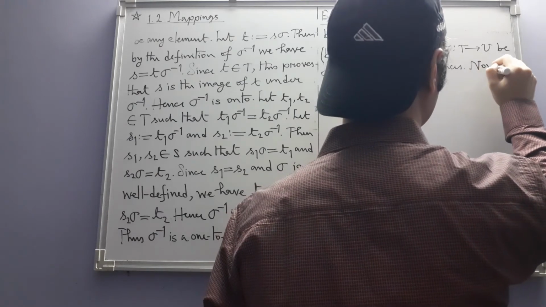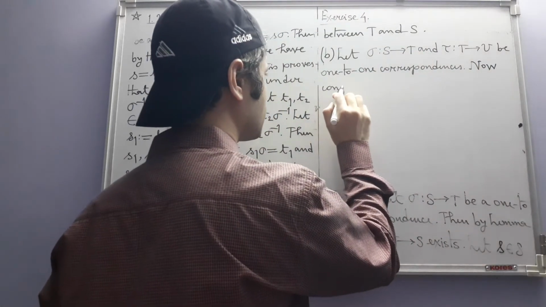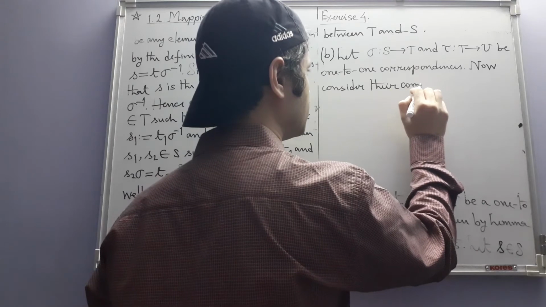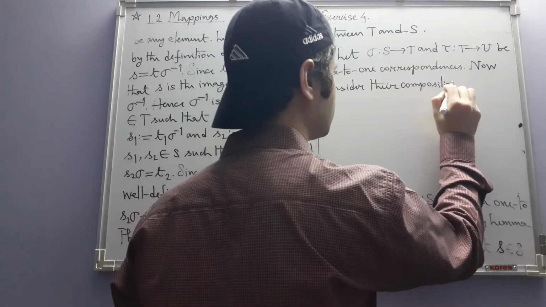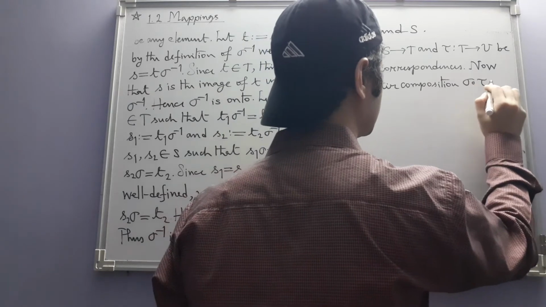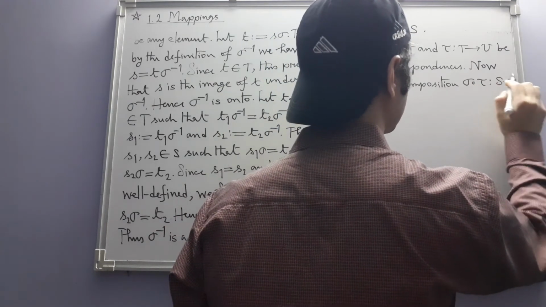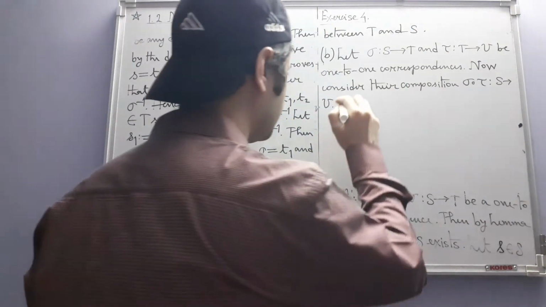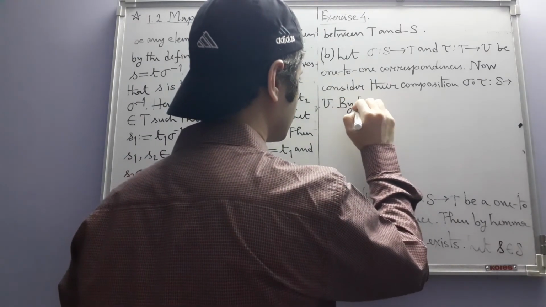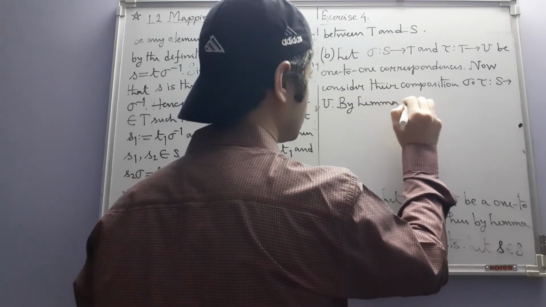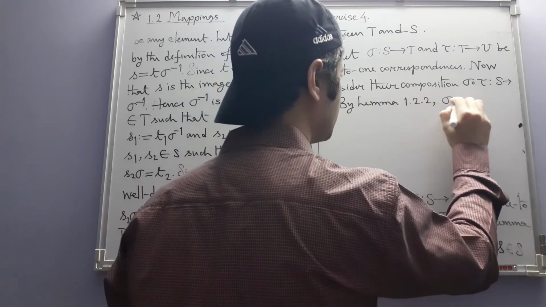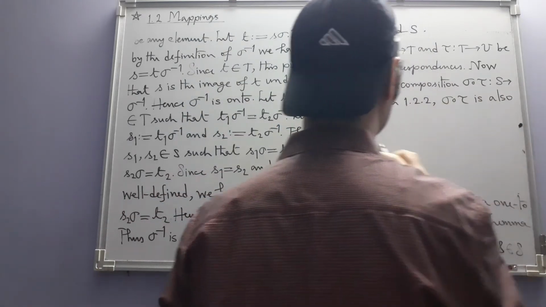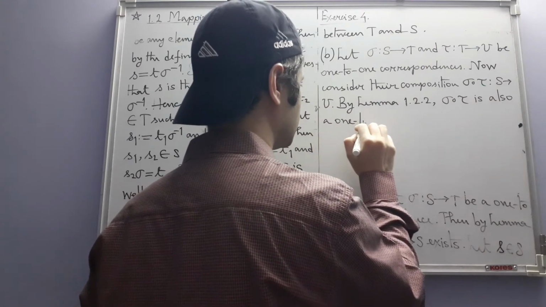Now consider their composition, sigma composition tau, which will map S to U. By lemma 1.2, sigma composition tau is also a one-to-one correspondence.